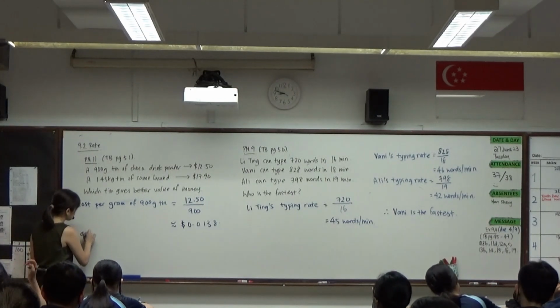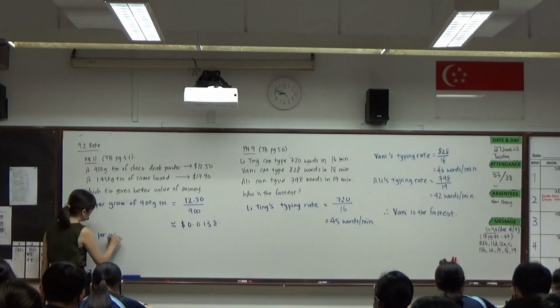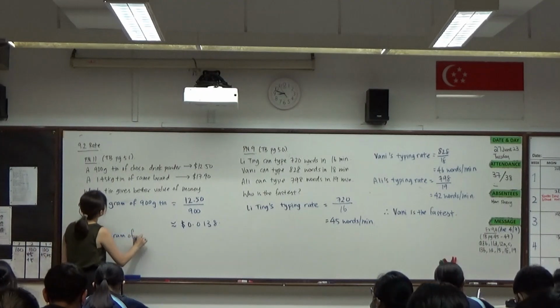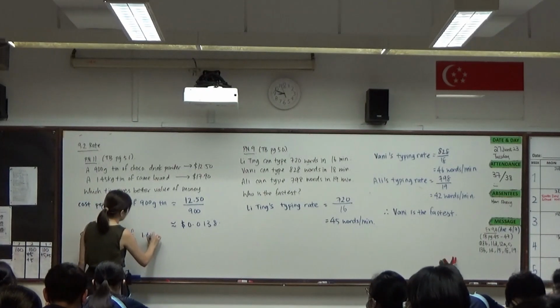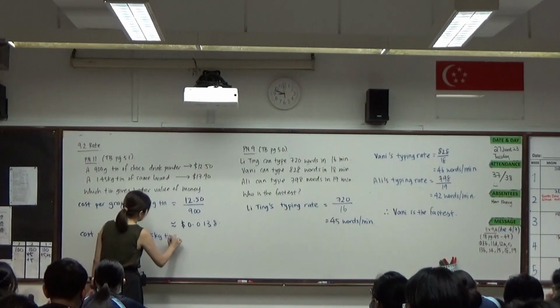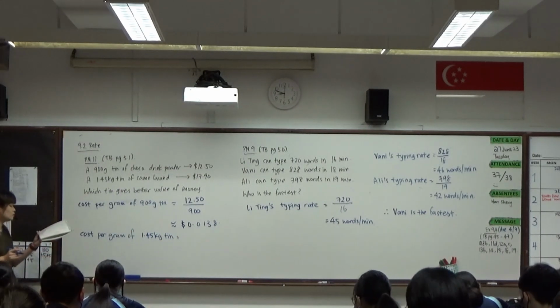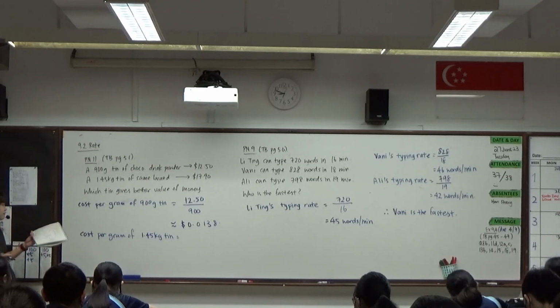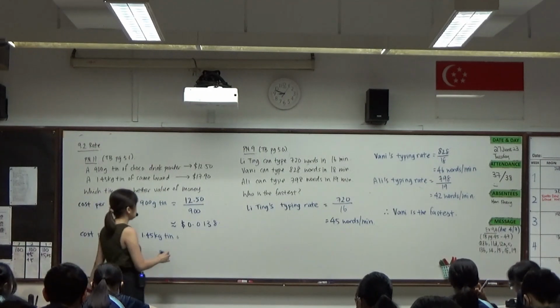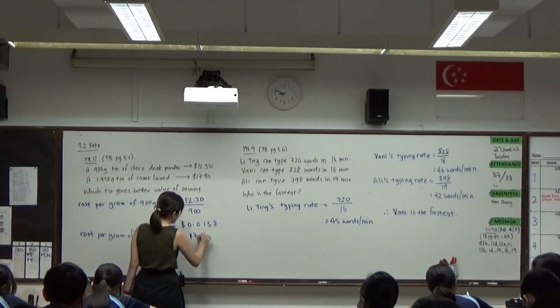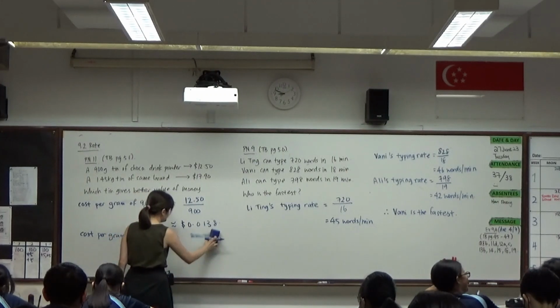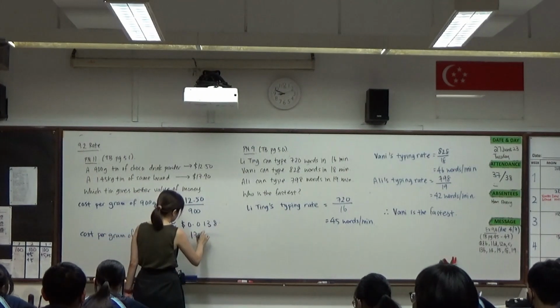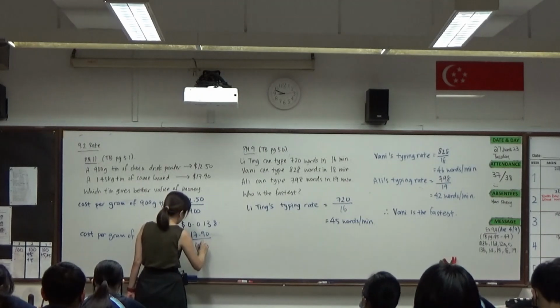Okay, then we do the same for cost per gram of the 1.45 kg tin, in this case at $17.90, and then divide by 1.45.